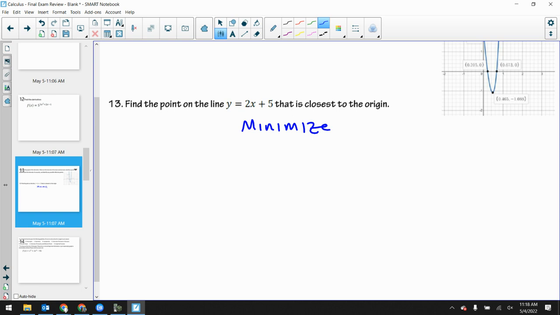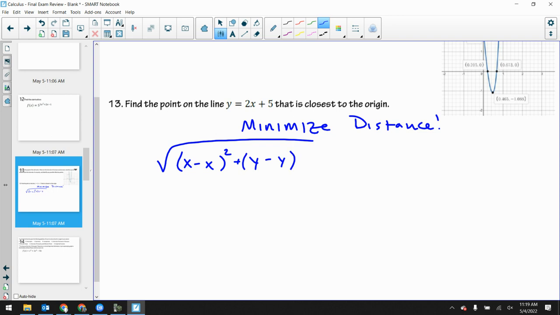Minimize distance. Okay, so what is the distance formula? Remember, the distance formula is the square root of (x minus x1) squared plus (y minus y1) squared, where the x's and y's are two different points.